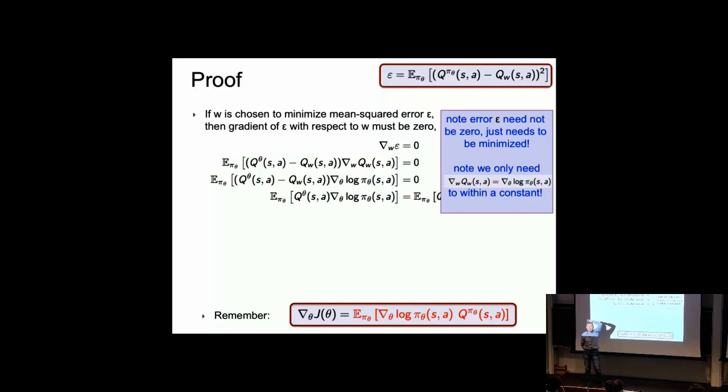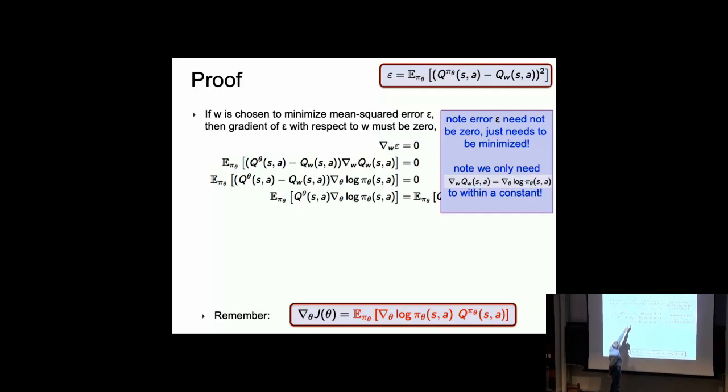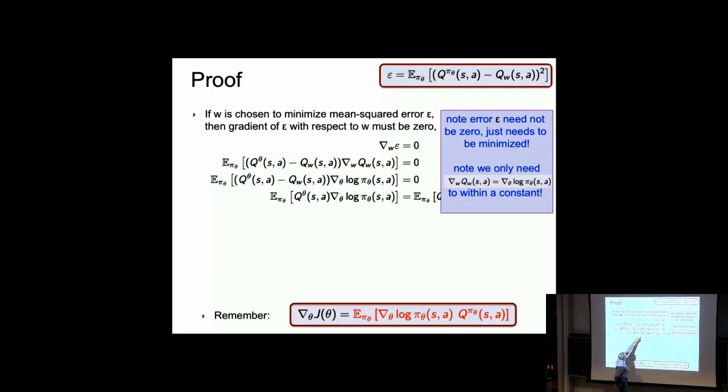Second, it turns out we only need this other condition to be true within a constant. And this will make life a little easier when we go to do things. You can see it only has to be true within a constant, because suppose there's some constant c here that's not on this side, so this is only true within a constant. Then you can see that the constant c will show up when I do this substitution.